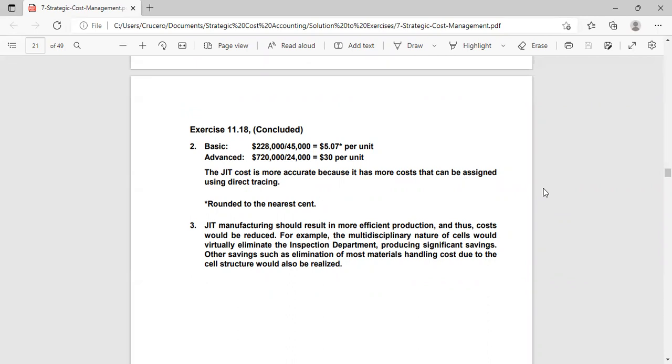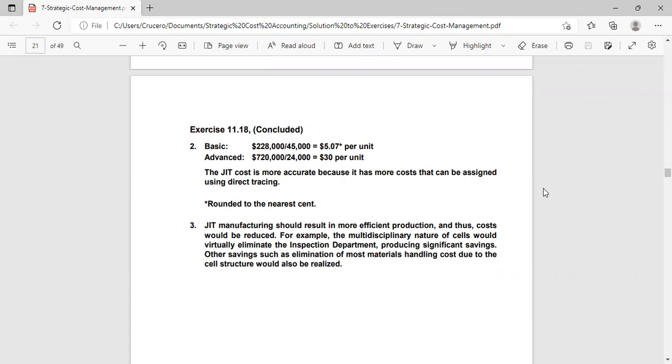So in number 2, the basic is 228,000 divided by 45,000. So you are now given 228,000 for the basic divided by 45,000. That would mean 5.07 per unit.